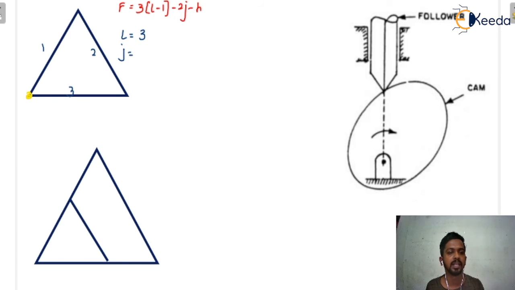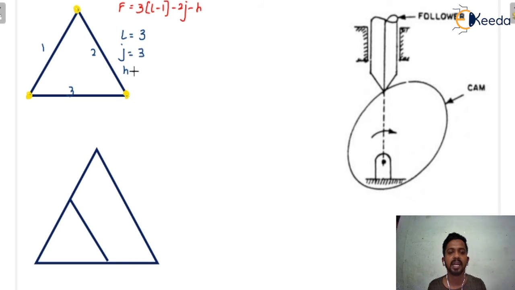That is one binary joint, a second binary joint and a third binary joint. Why am I saying this is a binary joint? Because two links are attached at this joint. So the number of binary joints is 3.